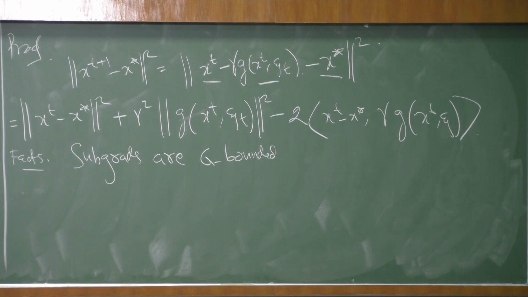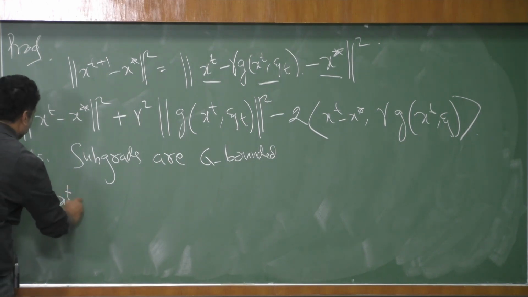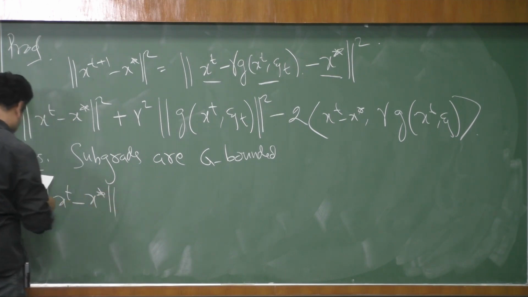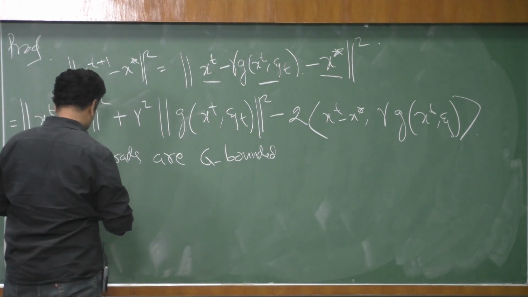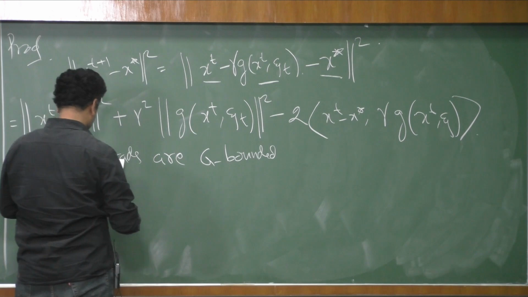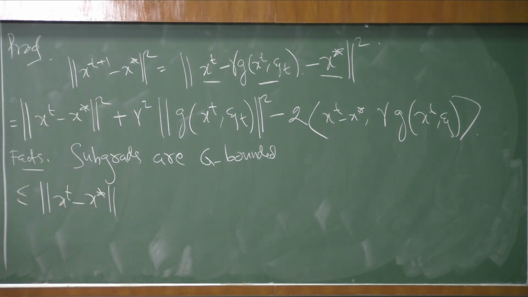So if we have to do this step by step, then with this fact I can write this as xt minus x star, and I will leave this second term for the moment. It's bounded, but that holds in the expectation, right?